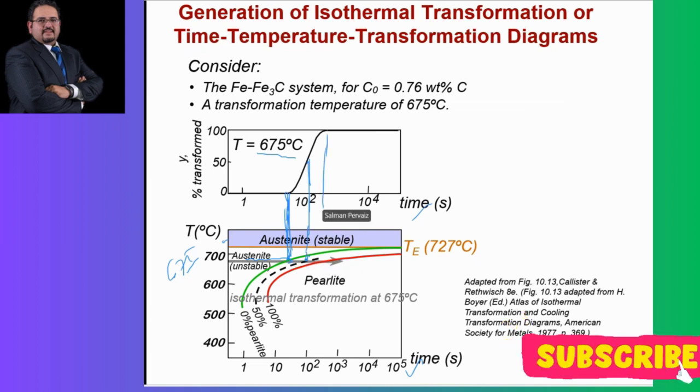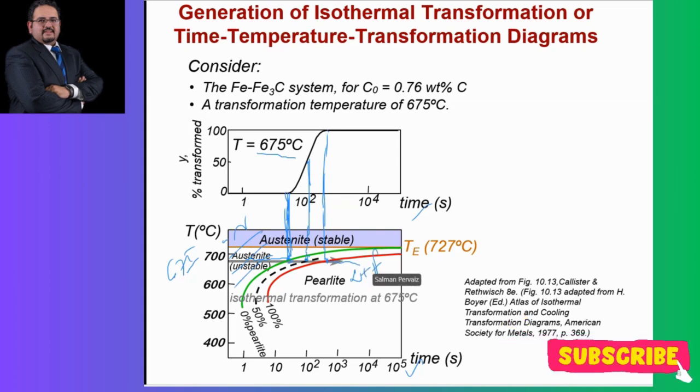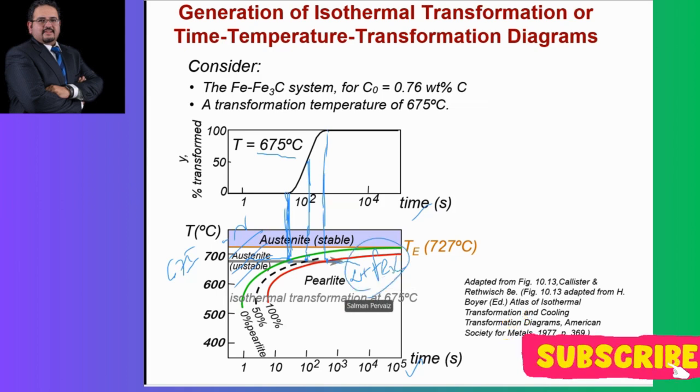And this is where the transformation is complete. On this side, it was gamma, but on this side it will become pearlite, alpha plus this one. So this transformation can be represented with one diagram that is called the TTT diagram, right?